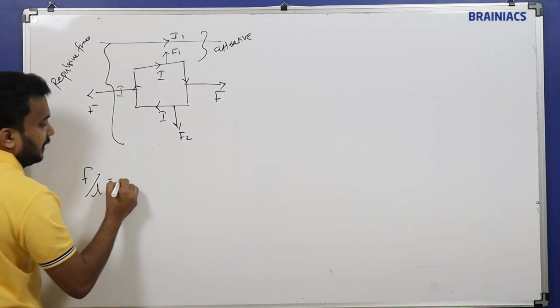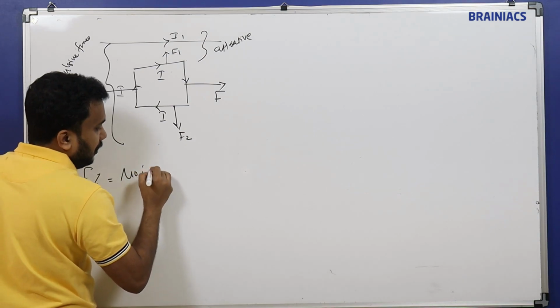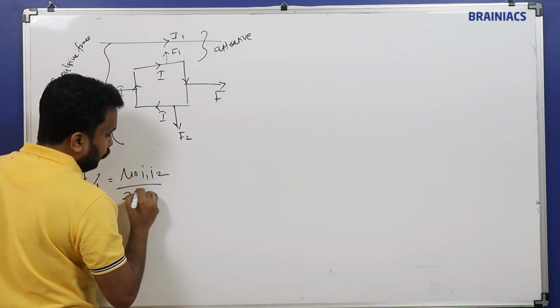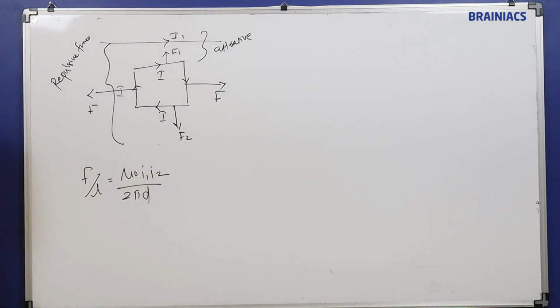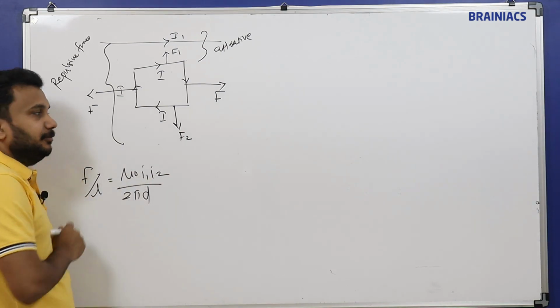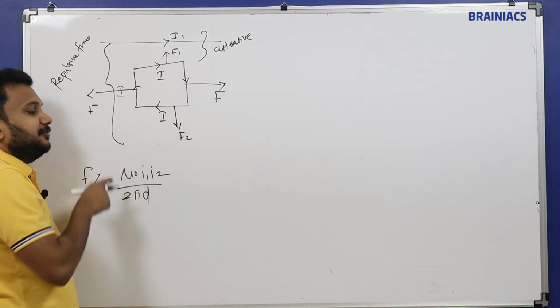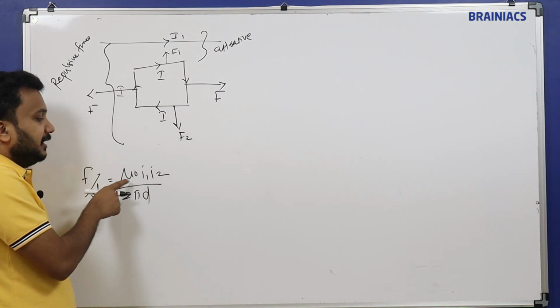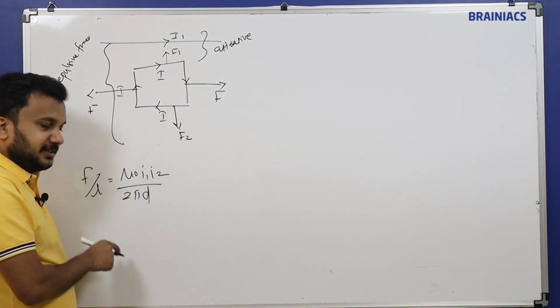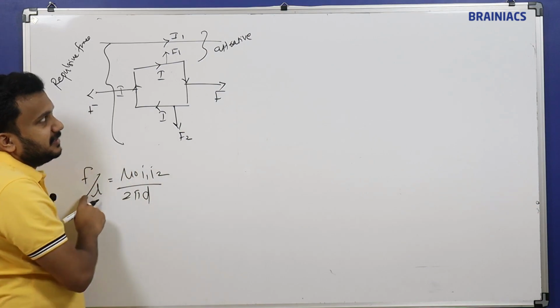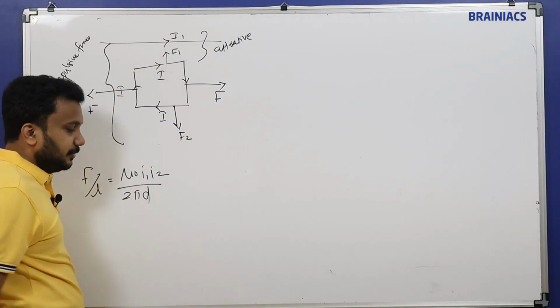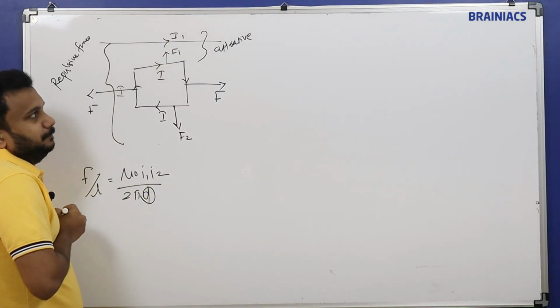What is the force equation? Force per unit length will be equal to mu 0 I1 I2 divided by 2 pi d. For the force, multiply by L. Now there is an attractive force and a repulsive force, but for both, I1 and I2 will be the same because these currents are constant. But what is changing? Distance is changing.